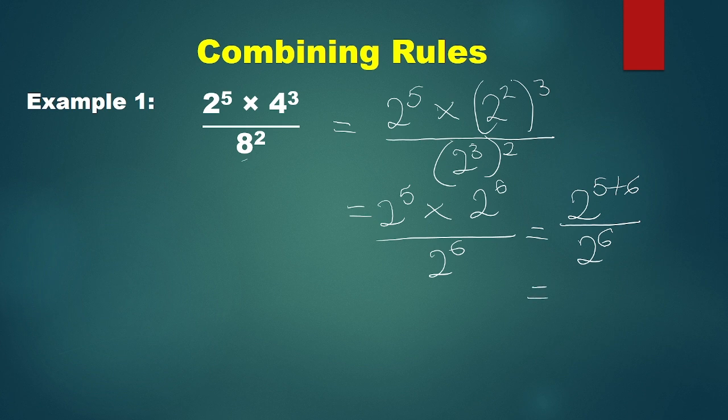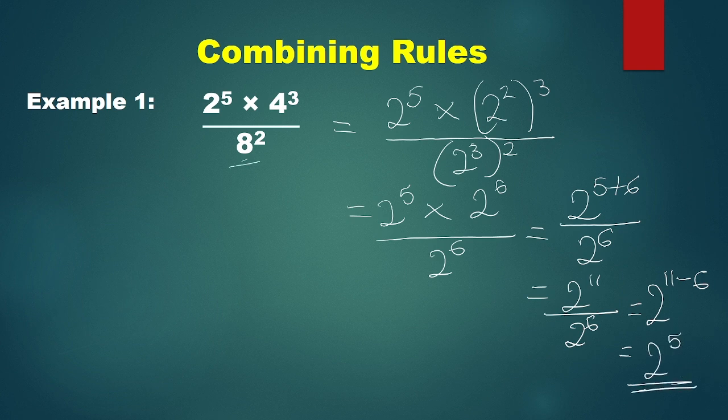That is 2 raised to the power 11 over 2 raised to the power 6. So, using my quotient law, 2 raised to the power 11 minus 6 will simply be equal to 2 raised to the power 5. So I have simplified this question into this.